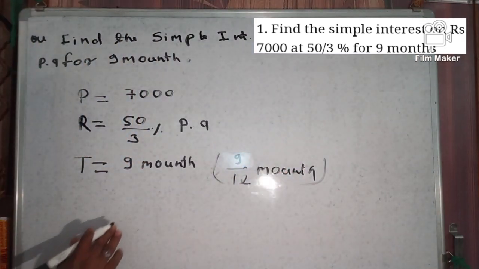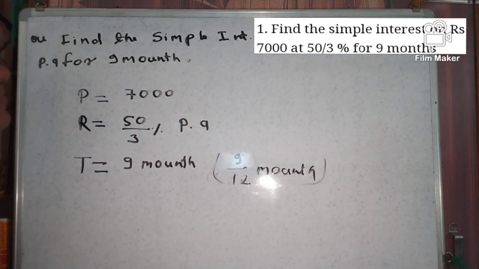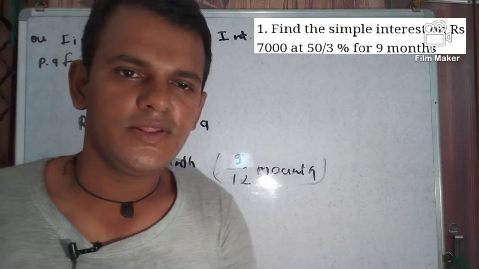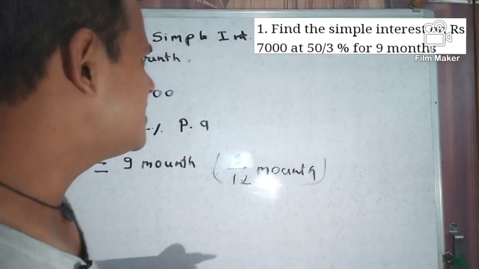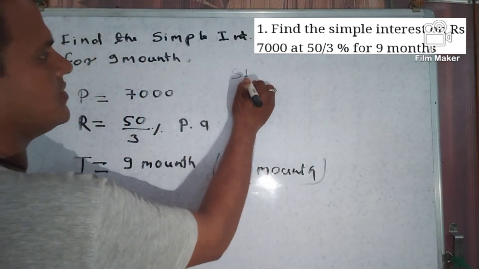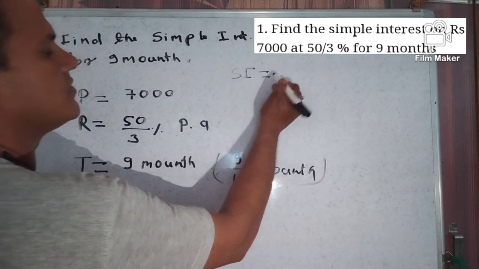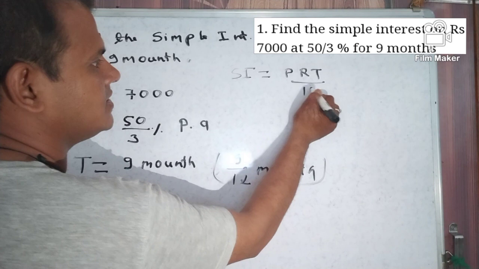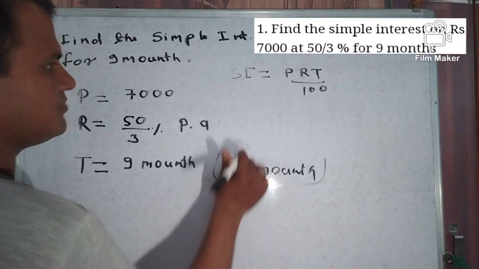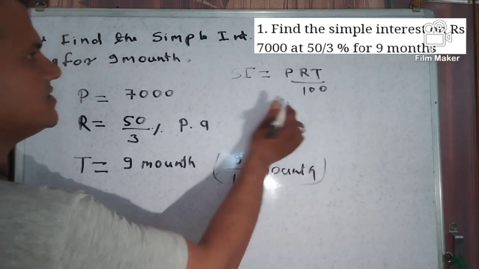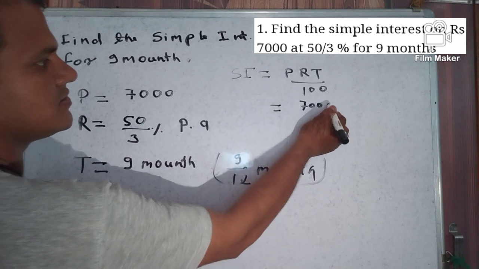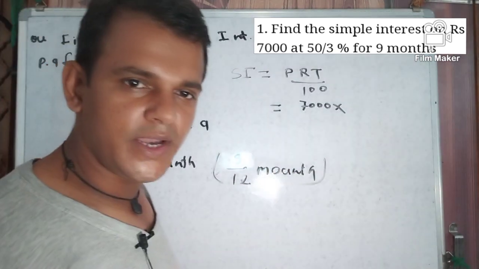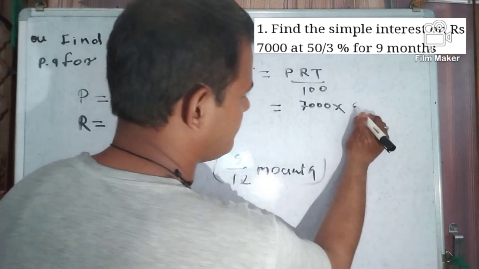right? Now we need to find the simple interest, because the question is asking to find the simple interest. So simple interest is equal to PRT by 100. Principal is given as 7,000, rate of interest is given as 50 by 3 per annum.